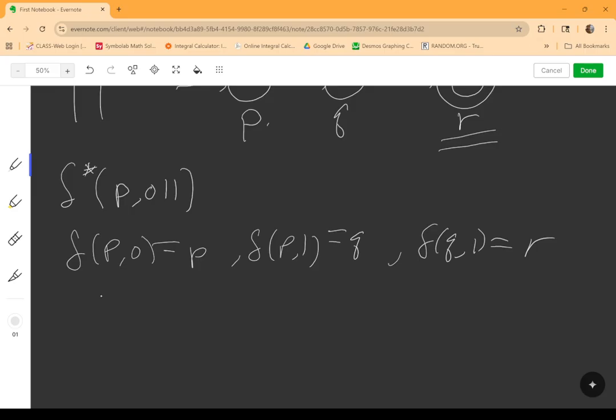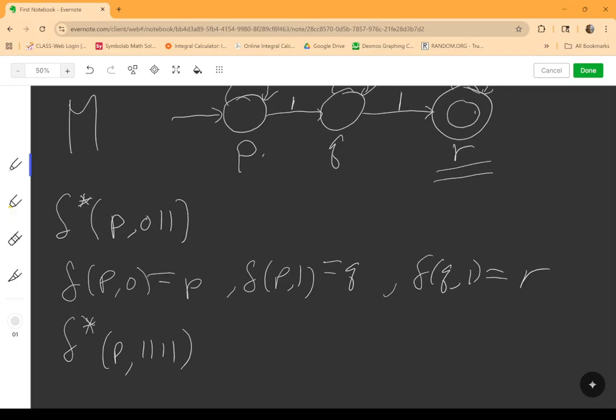Lastly, starting at P, what if we just had two 1s followed by more input?